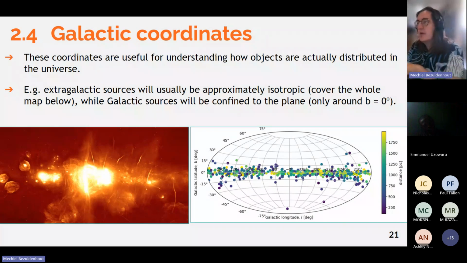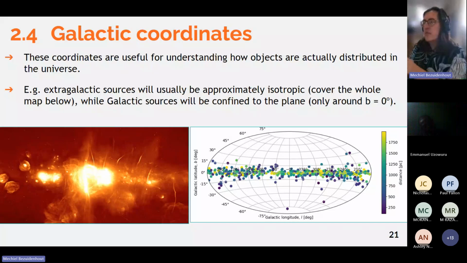It's also useful to distinguish if you're studying extragalactic sources or galactic sources. Sources from distant galaxies will be distributed approximately isotropically, from all around us.